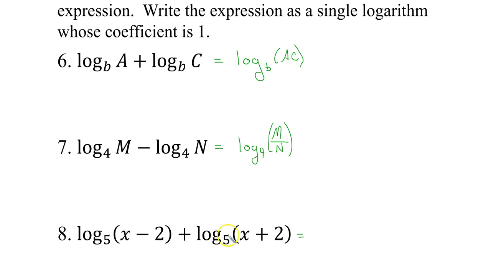But because we have the sum of 2 logarithms, we can again write this as the logarithm of a product. And so the product is going to be x minus 2 times x plus 2. We will go ahead and multiply that together and simplify it to become log base 5 of the expression x squared minus 4. Do put that x squared minus 4 in parentheses.